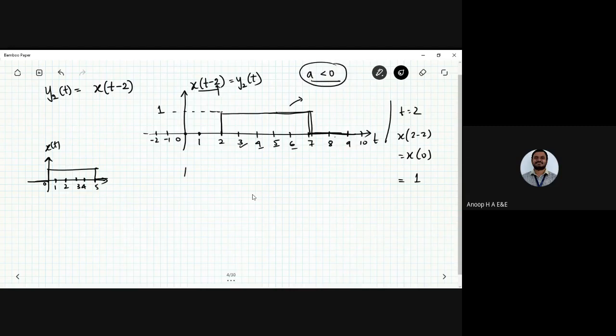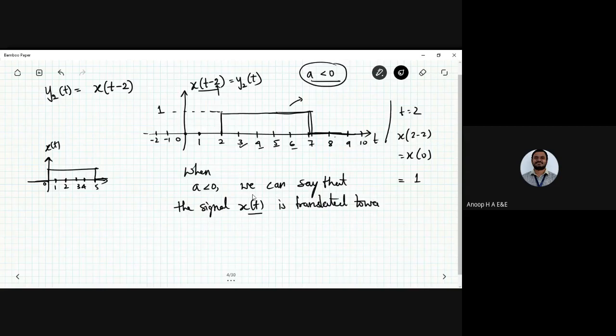So when a is less than 0, the original signal x of t is translated towards the right by 2 units.